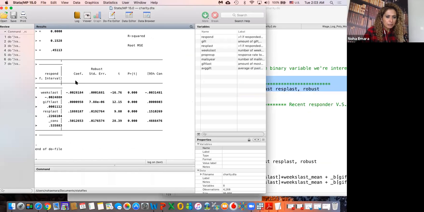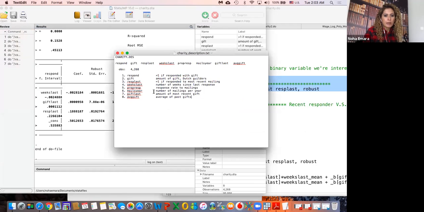So this is the coefficient of weeks last. This is the coefficient of gift last, and the coefficient of whether the person last responded or not, and so on. There is a negative coefficient for the weeks last, which is based on the description. Weeks last means the number of weeks since the person last responded.